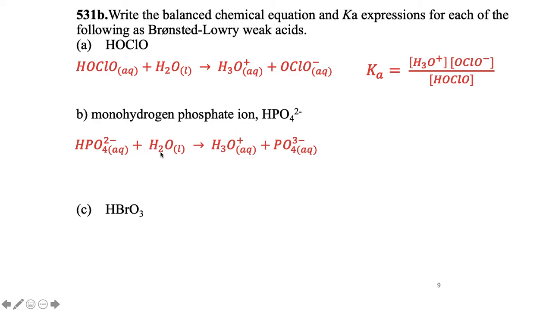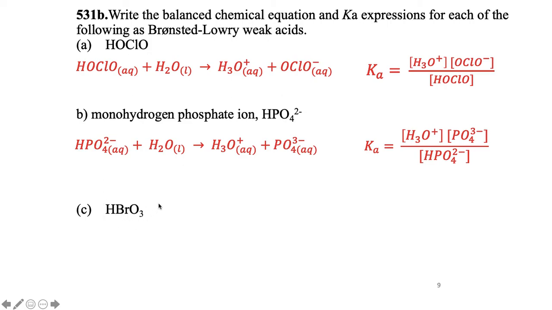It's accepting the H plus, so H3O plus increases in charge. PO4 3 minus, because I got rid of that H, and I decrease the charge by 1. The Ka value then becomes the molar concentration of H3O plus times the molar concentration of PO4 3 minus divided by the molar concentration of HPO4 2 minus.